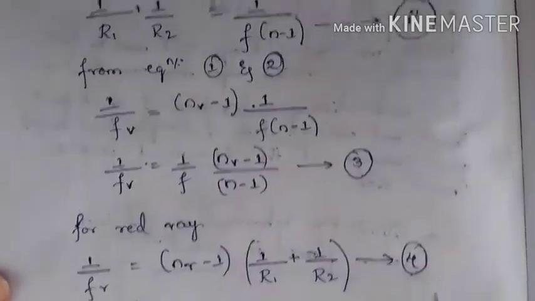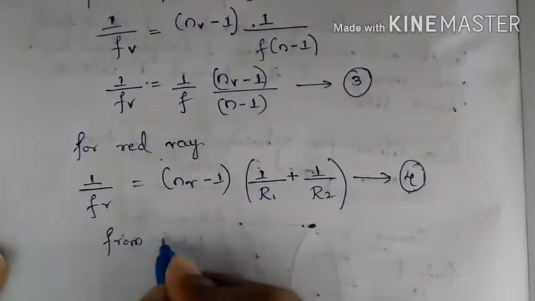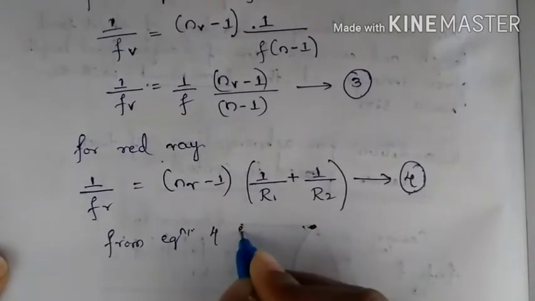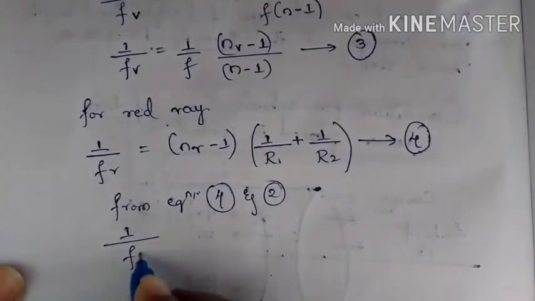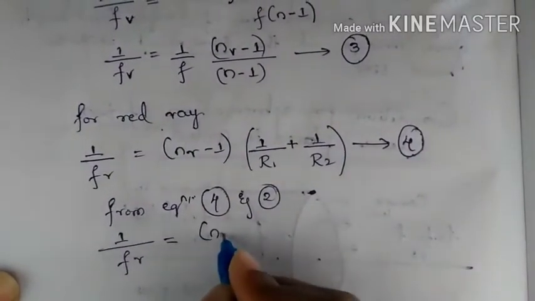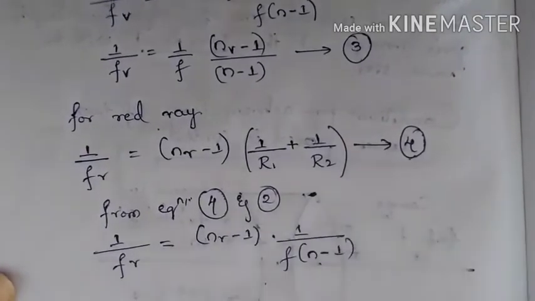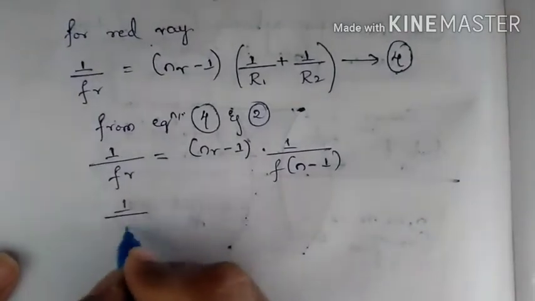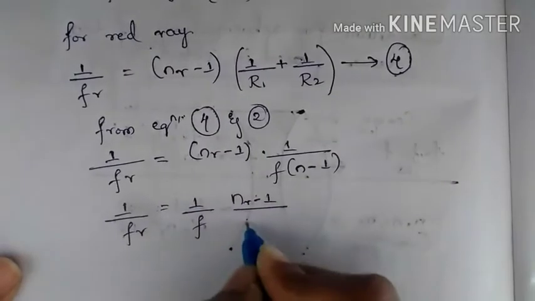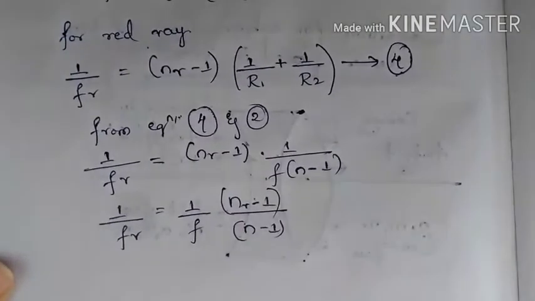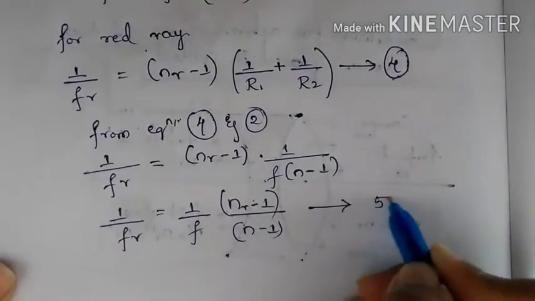So from equation 4 and 2 we can write 1 divided by Fr is equal to (Nr minus 1) multiplied by 1 by f (n minus 1). So that can also be written as 1 by Fr is equal to 1 by f times (Nr minus 1) divided by (n minus 1). So this is the equation for the red ray. So let us call this equation number 5.